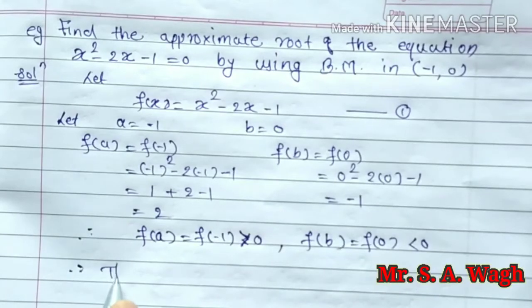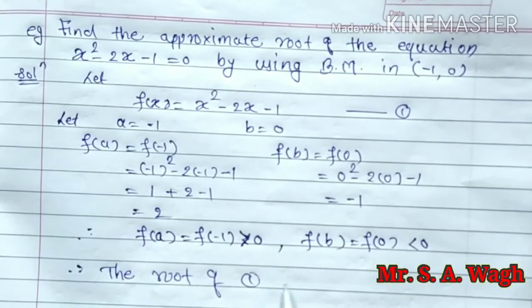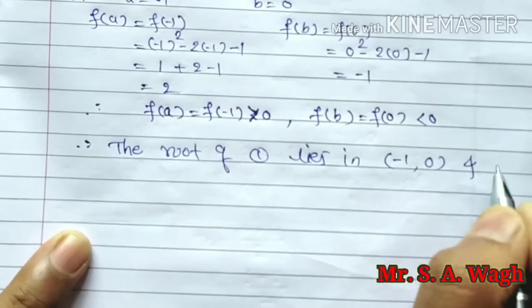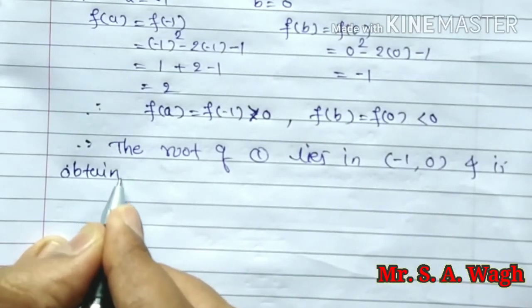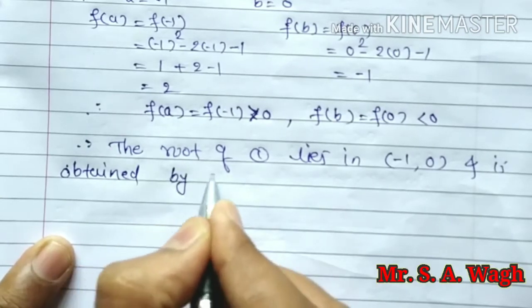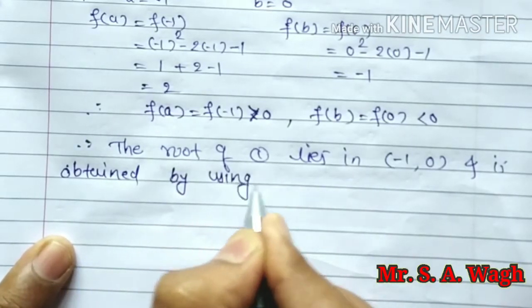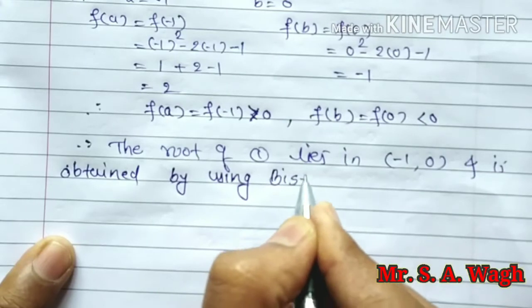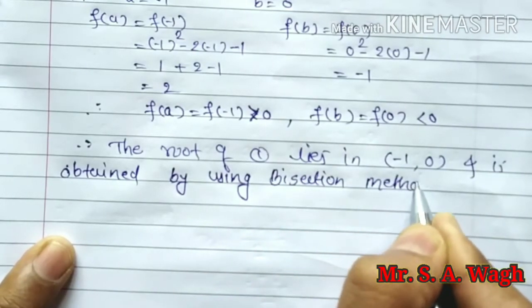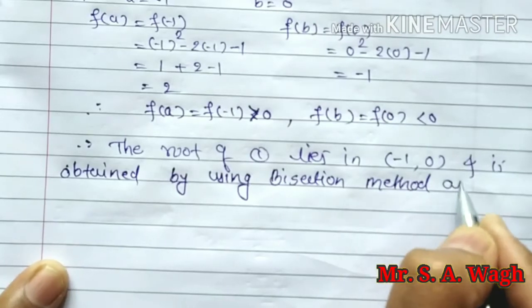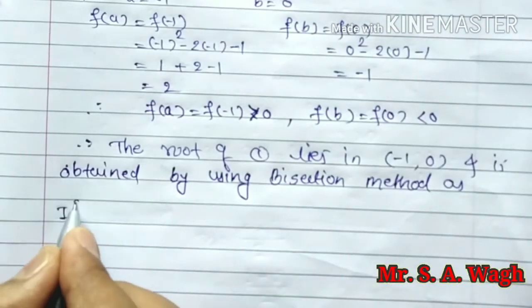And therefore we can conclude the root of polynomial 1 lies in the interval minus 1 to 0, and is obtained by using the bisection method. So we have our first iteration.